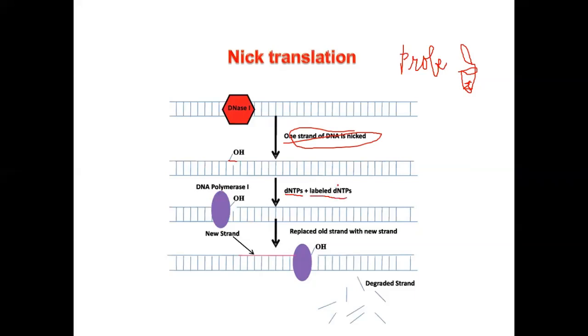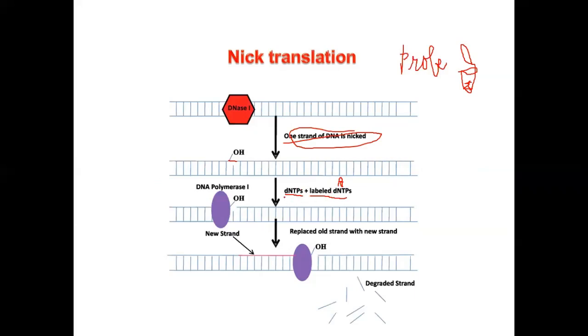So here, for example, we can add a labeled dATP. It's not necessary that all the dNTPs should be labeled. Radioactive substances are very sensitive. It can be picked up even from one molecule. So we can use either A or T or G or C, which can be labeled with P32.